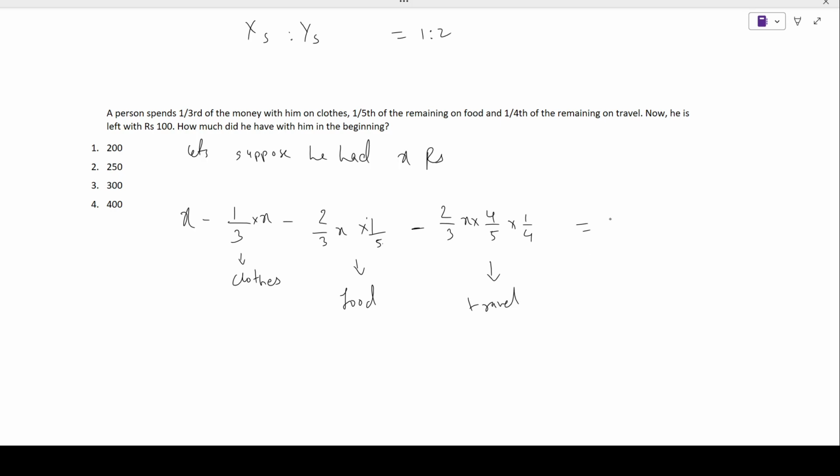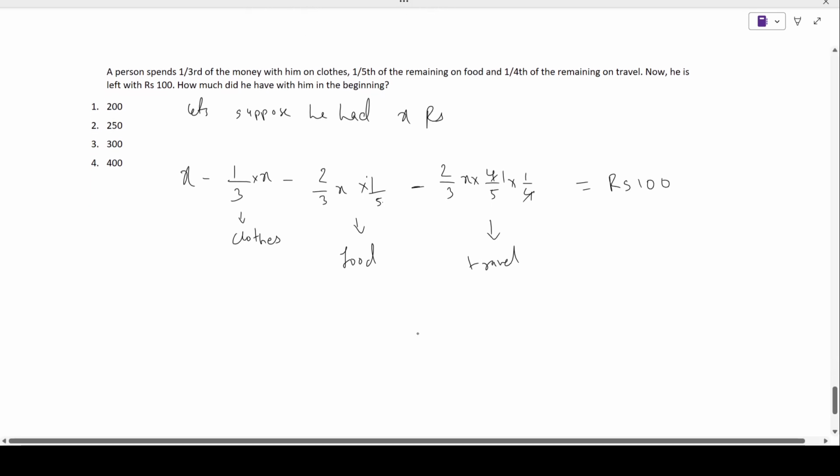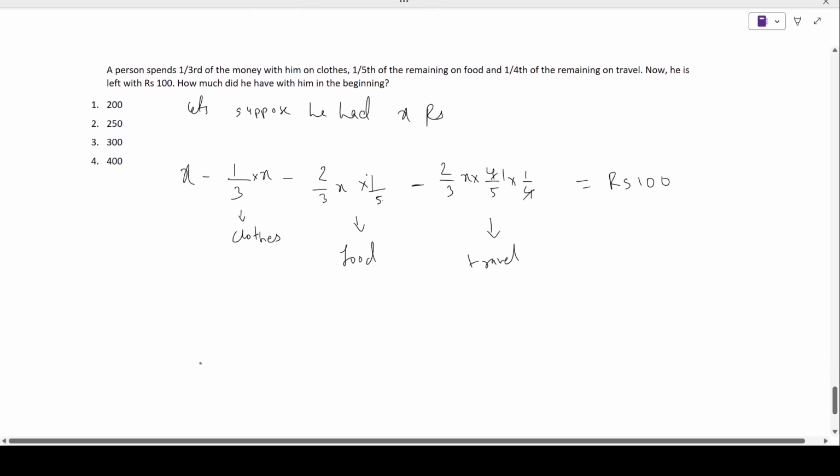Now he is left with 100 rupees. Here we can see the 4 can be cancelled out. So solving this, we take the LCM as 15.